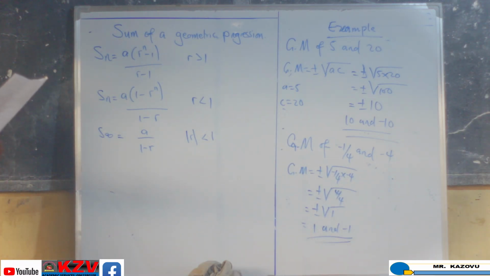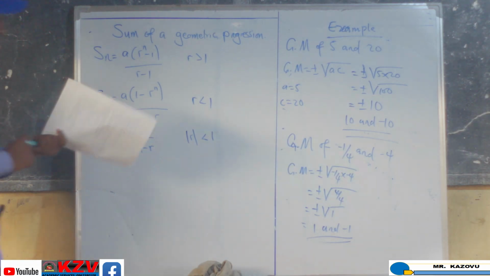Now, let's look at an example. Example 2. Find the sum S10, the sum of the first 10 terms of a GP, given that the GP is 1 over 2, 1 over 3, 2 over 9, and so on, to 3 significant figures.